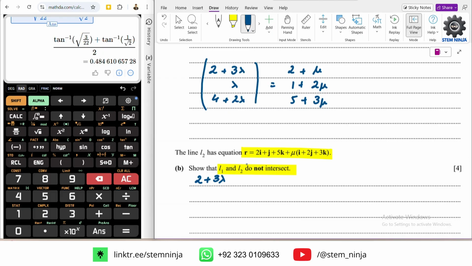So that's what we need. So 2 plus 3 lambda equals 2 plus mu, and lambda equals 1 plus 2 mu. So when we plug in lambda over here, this would become 2 plus 3 times 1 plus 2 mu, so 5 plus 6 mu equals 2 plus mu.